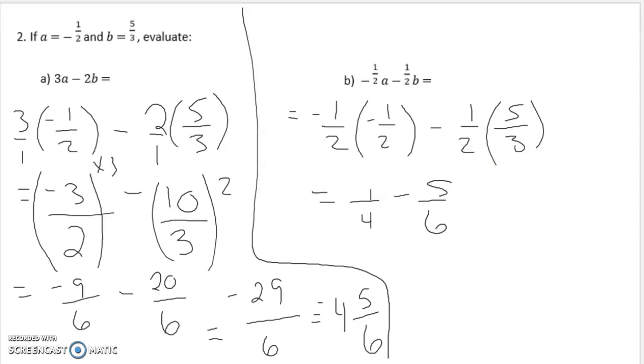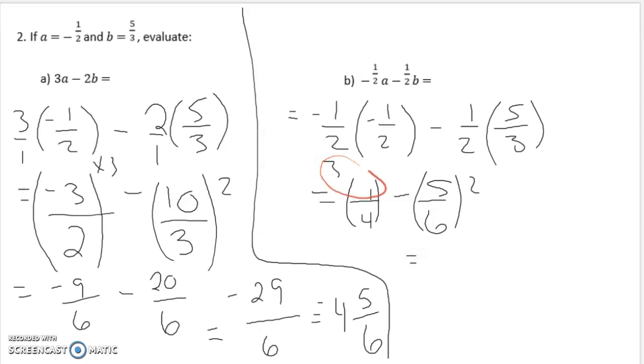So now we need to have a common denominator. So we have 4 and 6. So 4 times 6 can give us 24. Or also 12 goes into both. 6 times 2 gives us 12. 4 times 3 gives us 12. So we're going to multiply this one by 2 and multiply this one by 3. Write it over here.